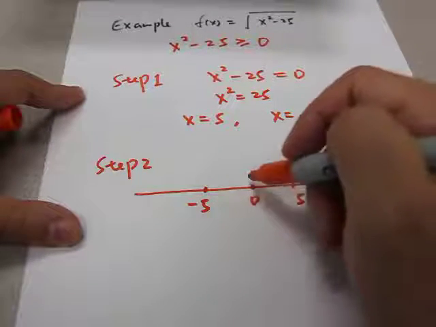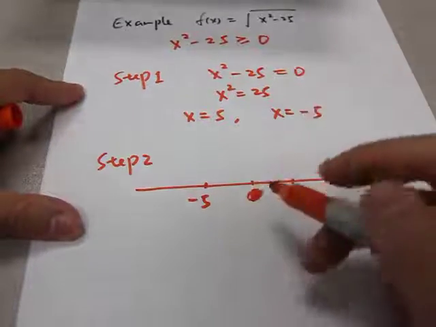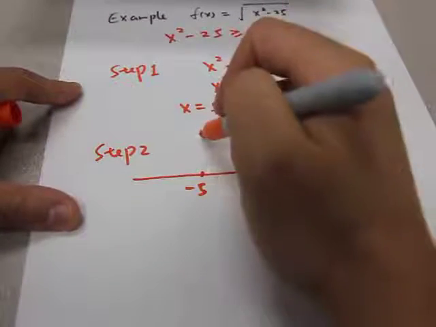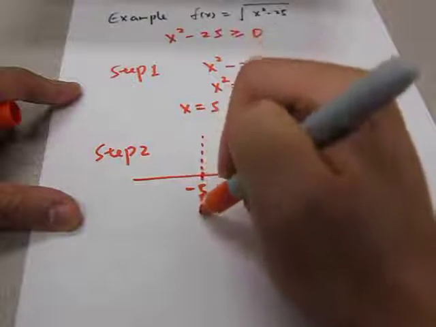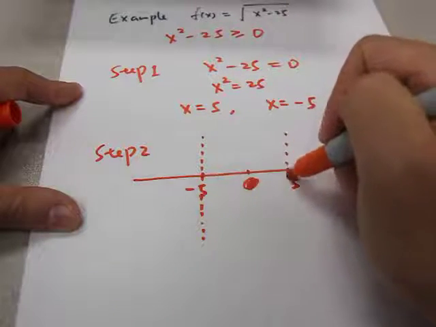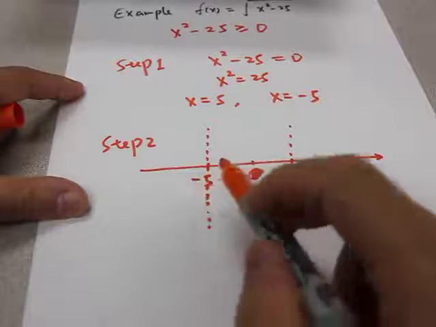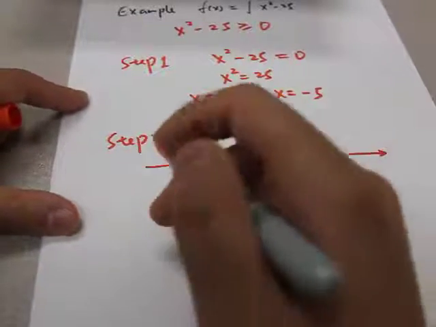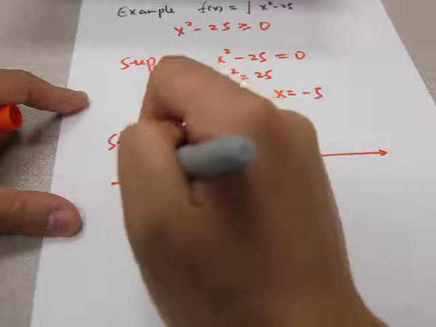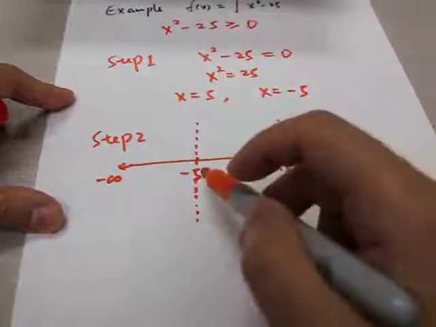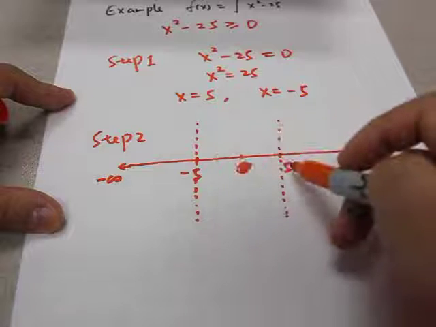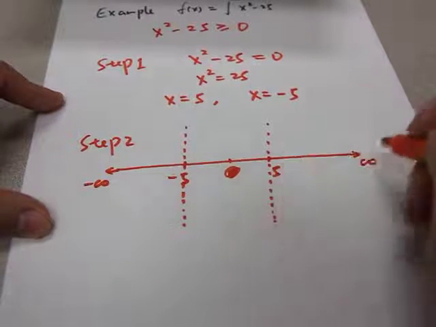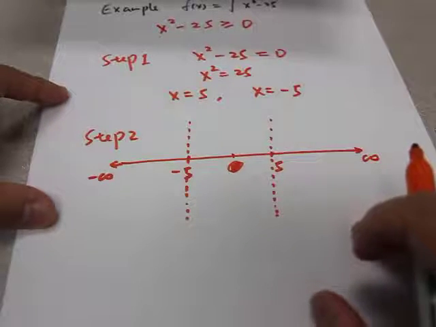So the number line will be divided into 3 pieces. It will be divided into 3 intervals. The first interval is from negative infinity to negative 5. The second interval is from negative 5 to positive 5, and the third interval is from positive 5 to infinity.